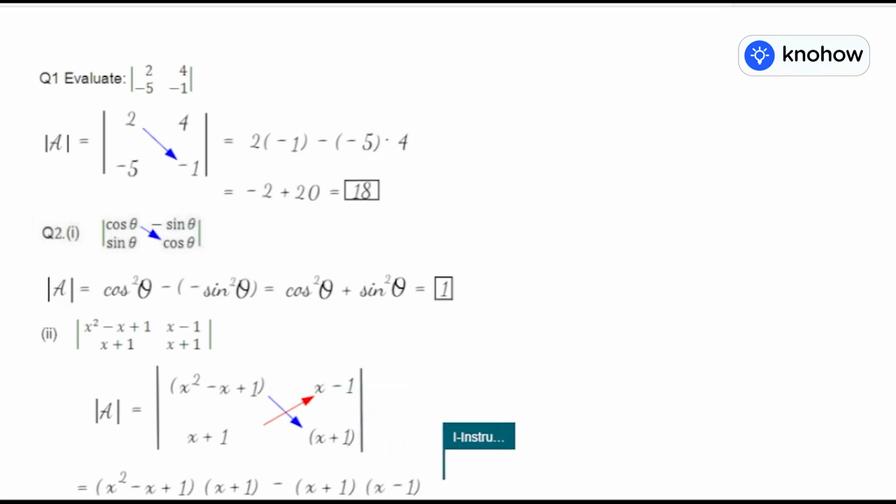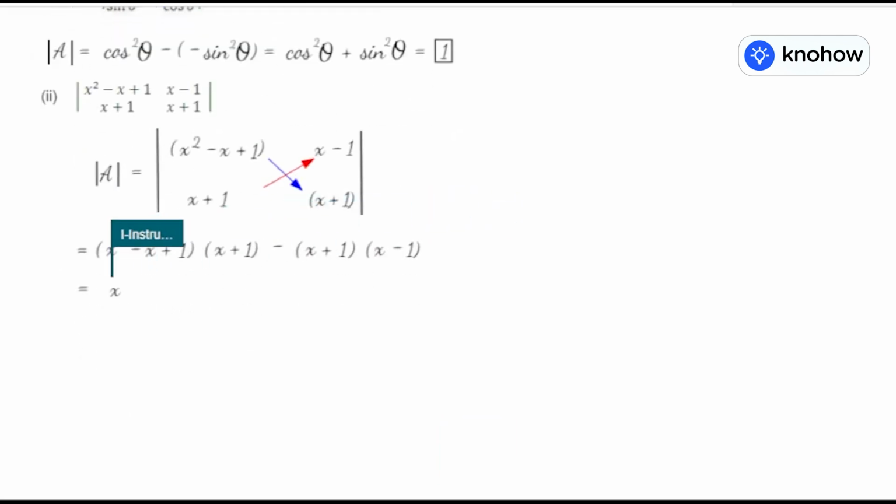As far as solving is concerned, it's very simple. What are the factors of x cube plus 1, or a cube plus b cube? It is a plus b into a square plus b square minus ab. So if you take the product, directly you get x cube plus 1. Similarly, the product of x plus 1 into x minus 1, using a plus b into a minus b is a square minus b square, you get x square minus 1.